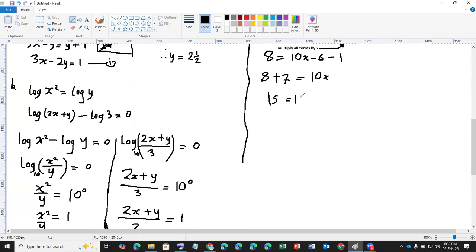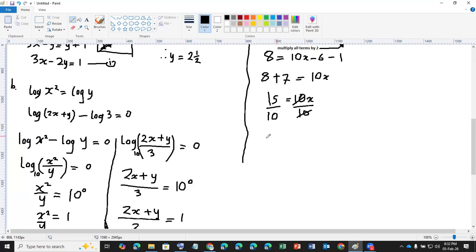And then, of course, we'll be dividing both sides by what? By 10. Thank you very much. 10 is one of the easiest numbers to divide by, because all you need to do is introduce a decimal point from the right hand side.